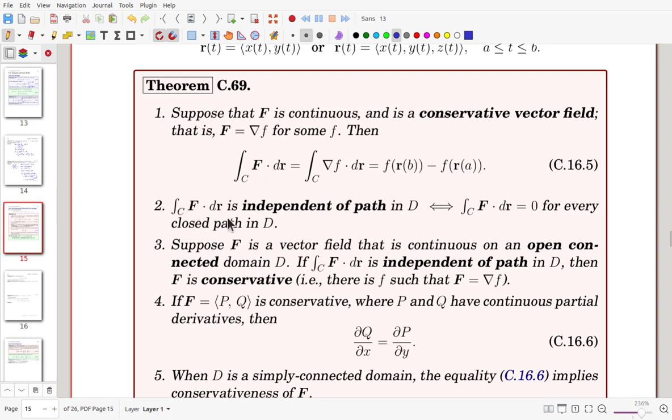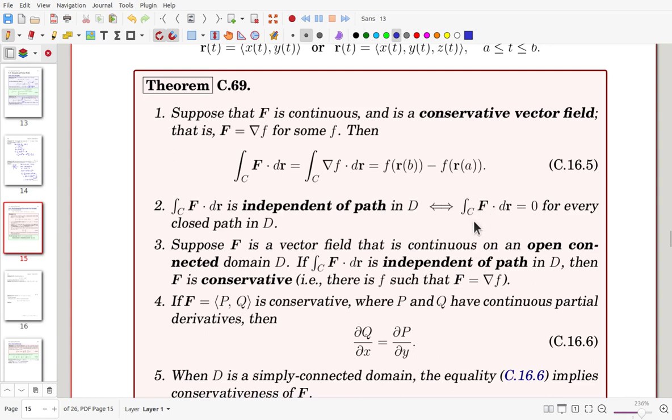This one, the line integral as independent of path, means that if only the beginning point and end point are the same, then independently of the path choices, the integral must be the same. Then in that case we say it is independent of a path. That is equivalent to this claim: the line integral is 0 for every closed path.